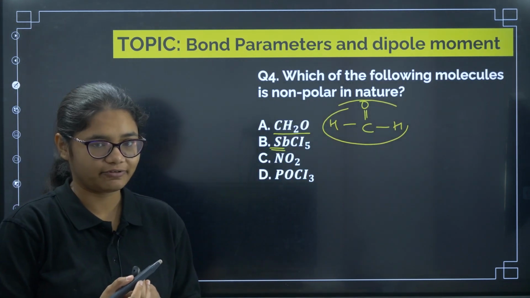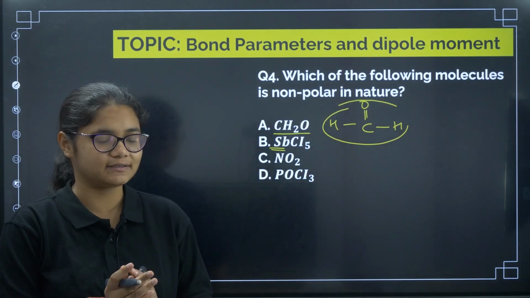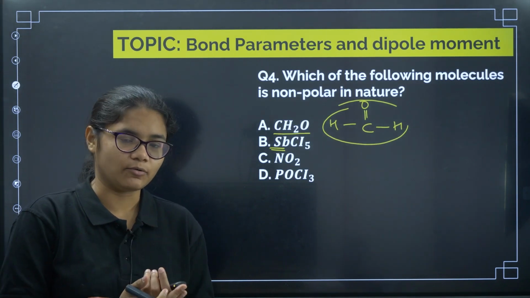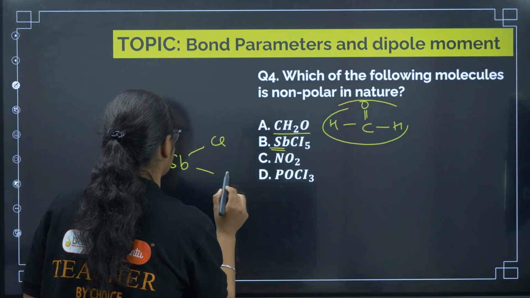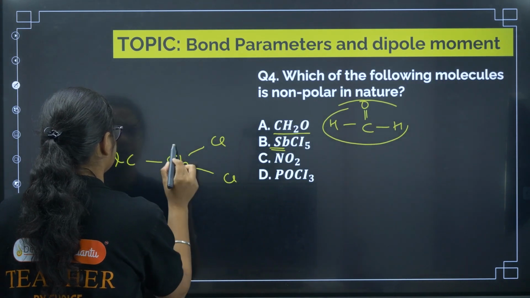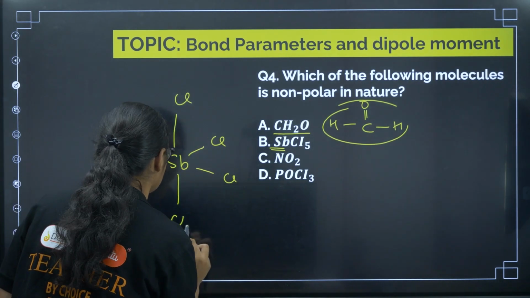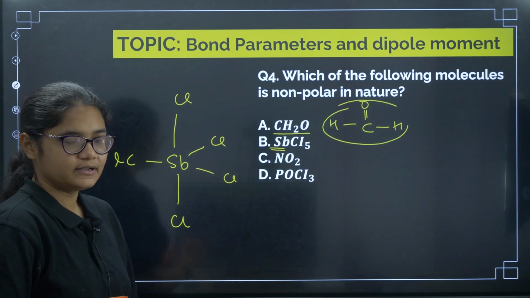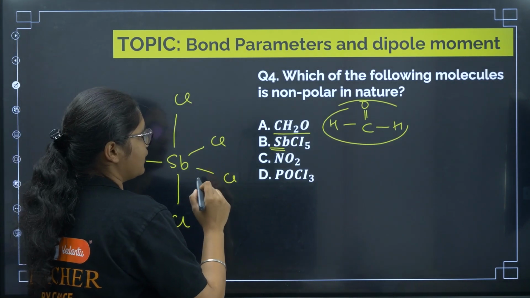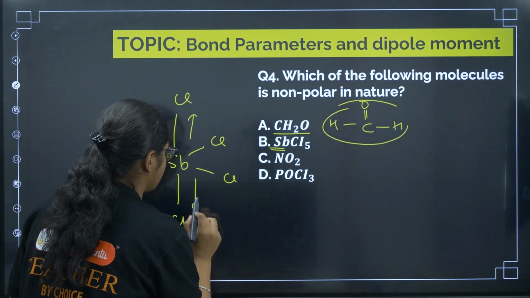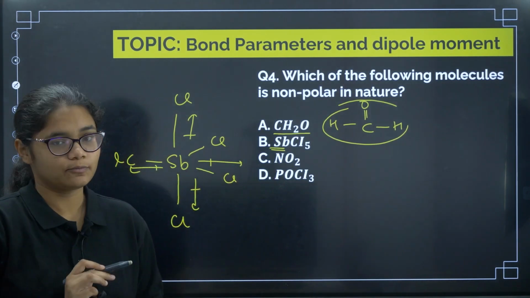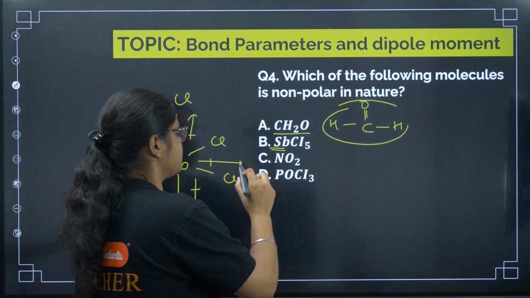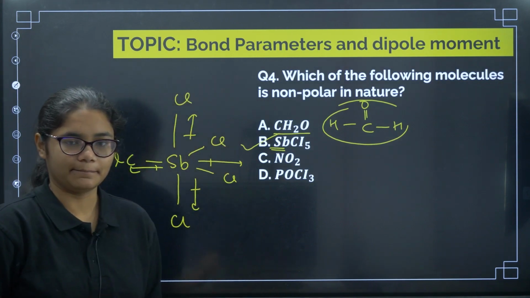Sb is from the nitrogen family. 5 electrons are there in the valence shell, and 5 bonds have to be formed. So the structure of this one is trigonal bipyramidal. Here, since the dipole moments are cancelled equally in both the directions, it is non-polar in nature. So the correct answer for this question is option number B.